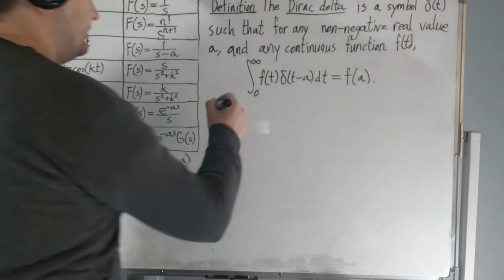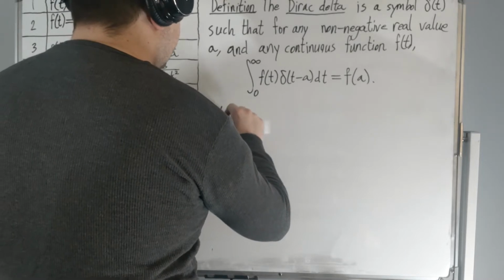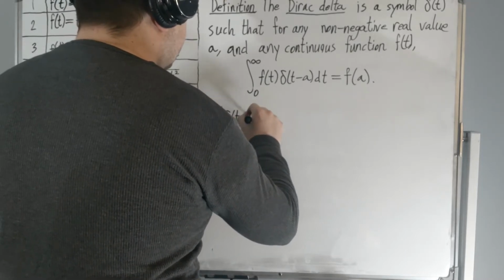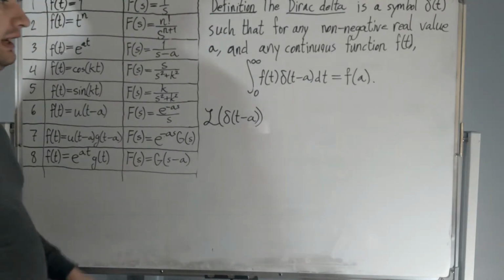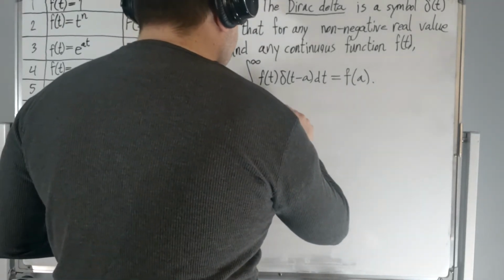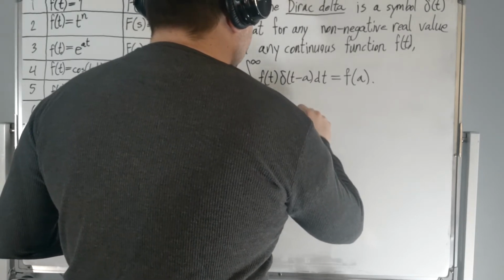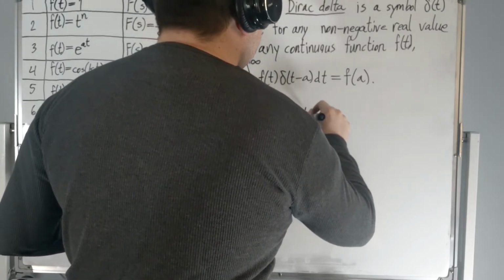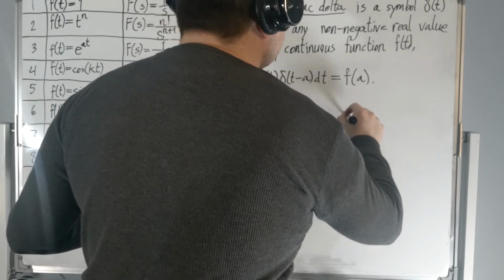In particular, we can discuss the Laplace transform of a Dirac delta. So if you have delta of t minus a, by definition, the Laplace transform is the integral from 0 to infinity of e to the negative st times delta of t minus a.